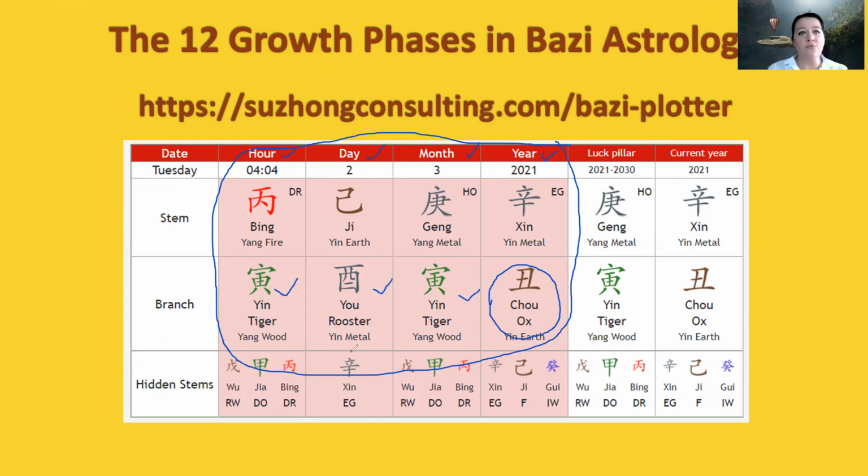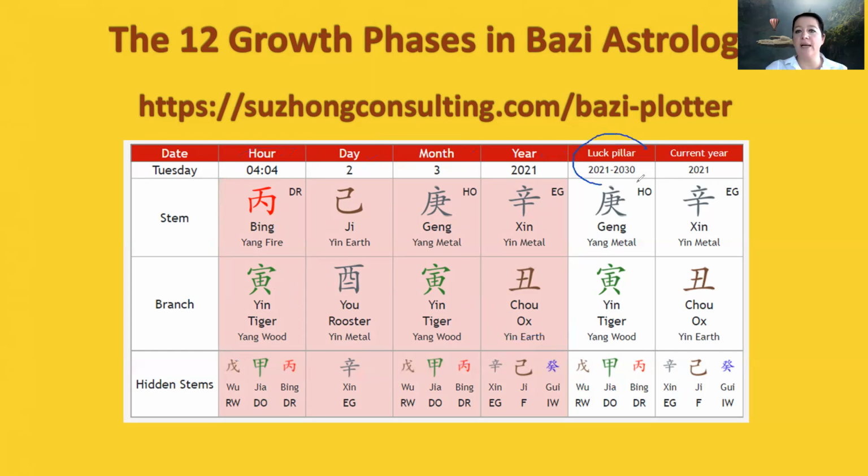And they all play a role in these 12 growth phases. Now, we also have a particular luck pillar. This is the time we're currently in. For this particular person, they are in the time frame of 2021 till 2030 right now, and these are the energies this person is exposed to. You may be going through a different time frame.